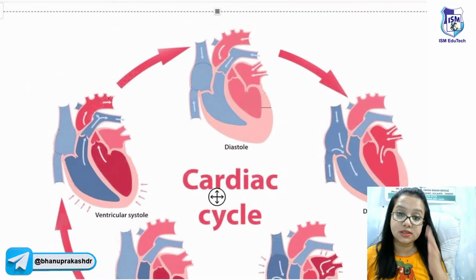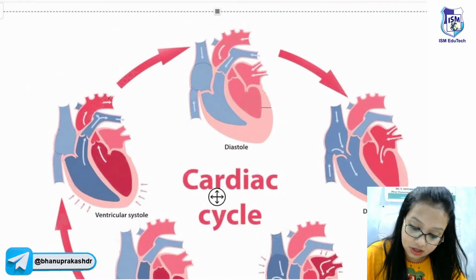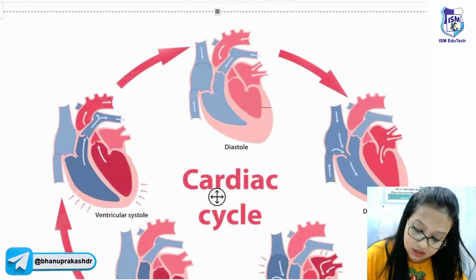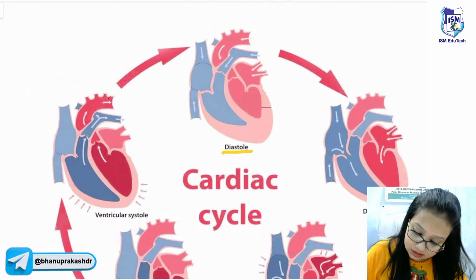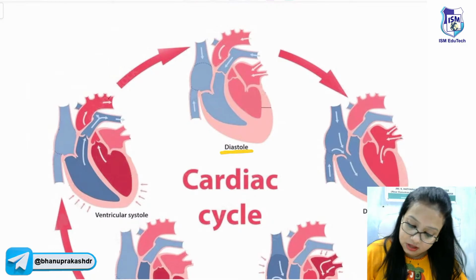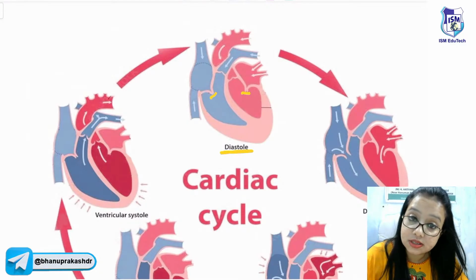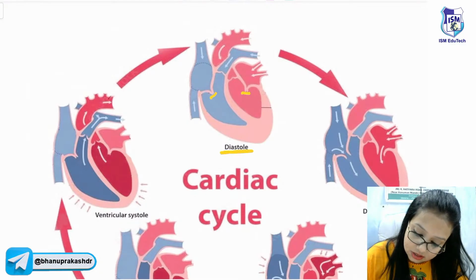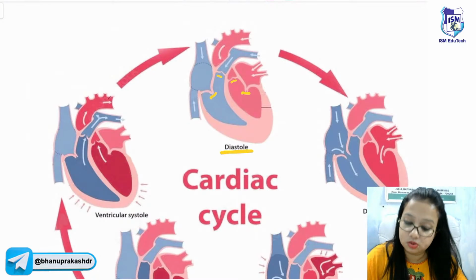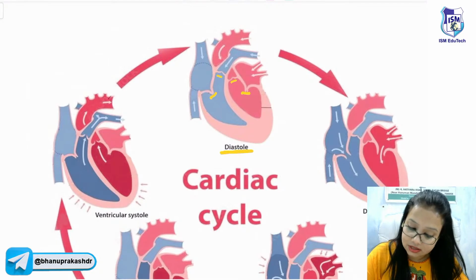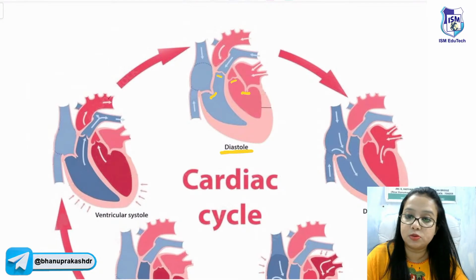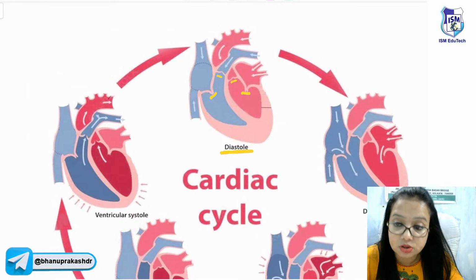Okay. So what is happening in the diastolic stage? See here in the diastolic stage, the AV valves are closed, they are snapped, and the semilunar valves are also closed. So here it is just after the protodiastole, when the heart has just begun to relax.